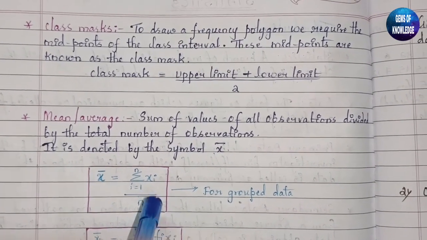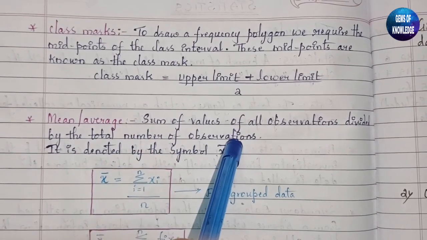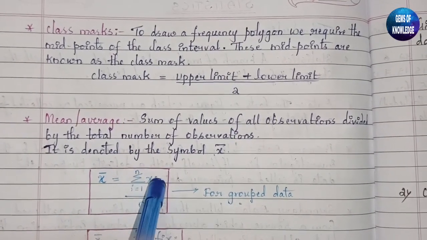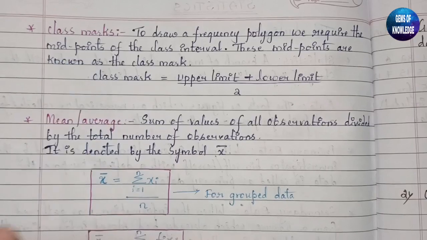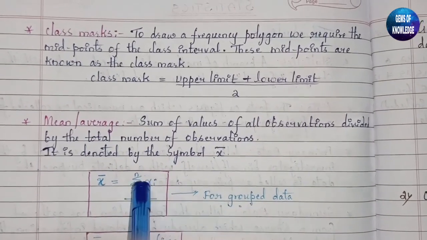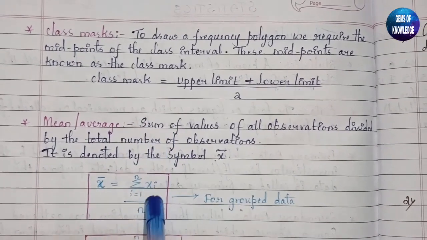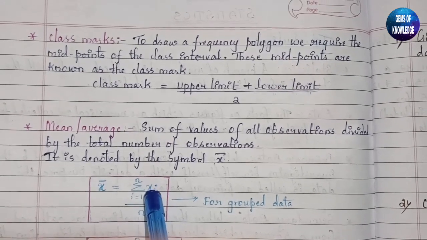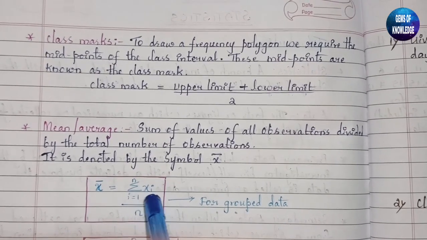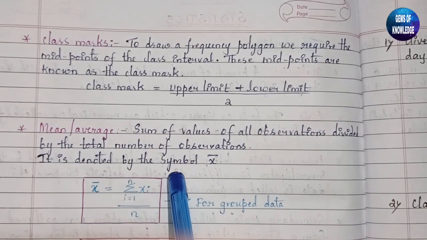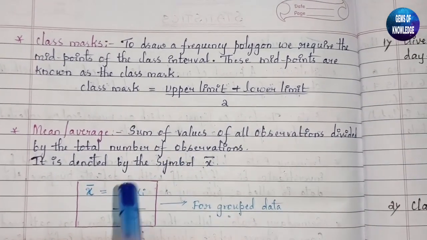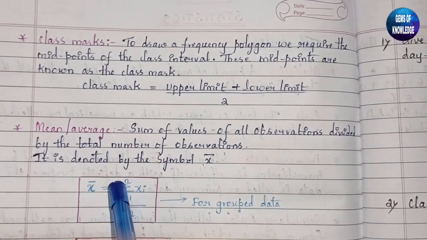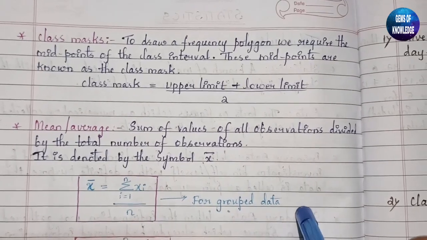What is this? n is the total number of observations. The symbol is called summation, which is also called sum of. Summation in the sense sum of particular things, where the terms start from one number and may extend up to n. We won't use 0 here. This is the formula for the group data.